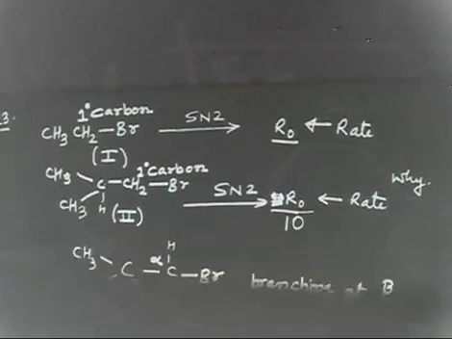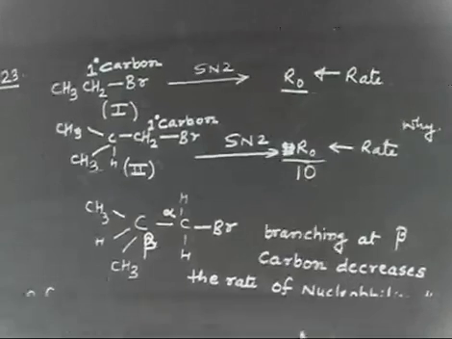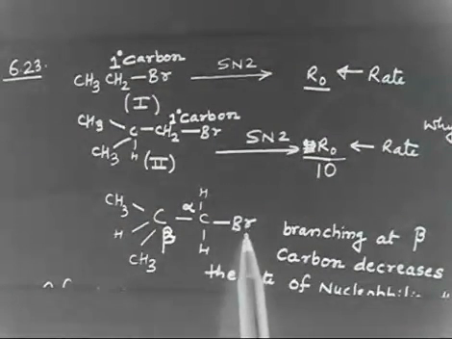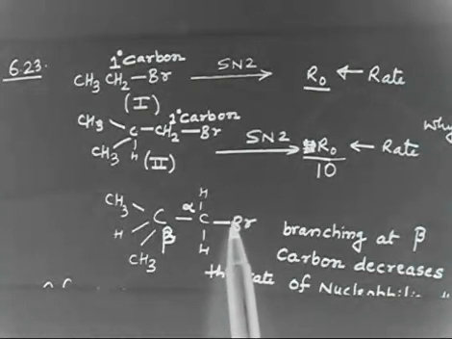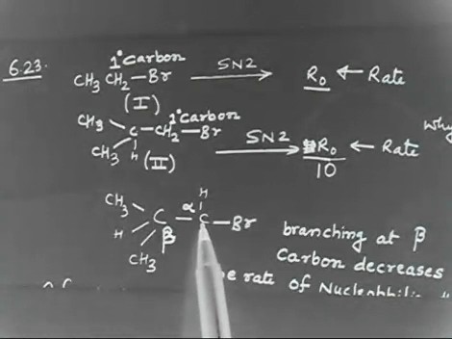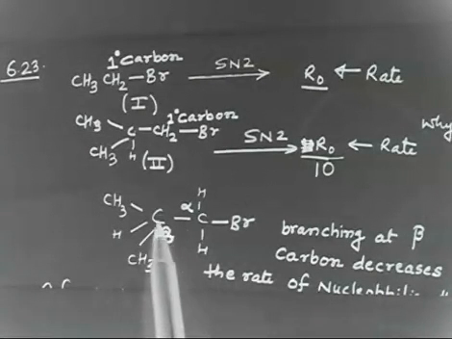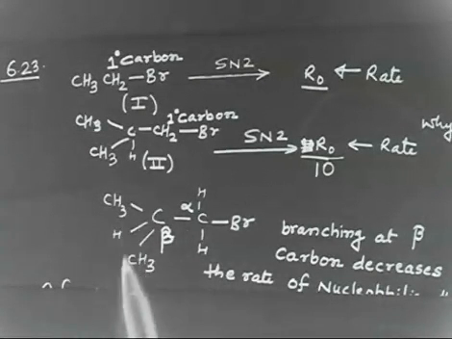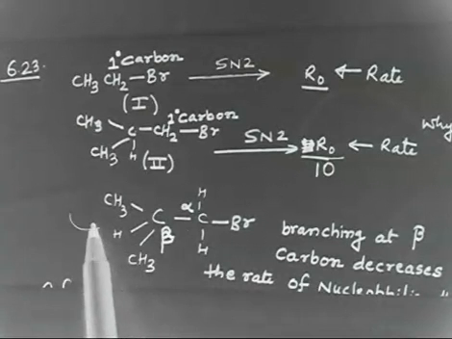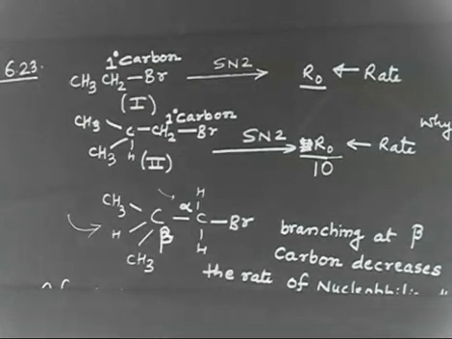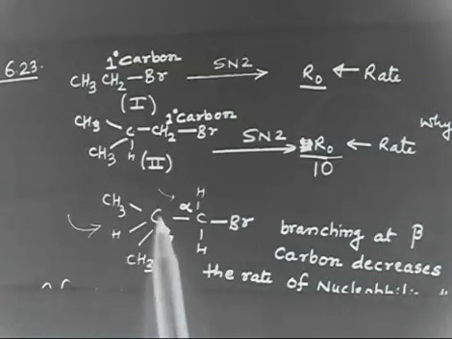Okay, let us see. If you have this compound, this carbon is the alpha carbon, the carbon to which the bromine is attached. The carbon to which the functional group or substituent is attached is called the alpha carbon. So this is the alpha carbon, this is the beta carbon. Now if you see the beta carbon, there are 2 CH3 groups attached. The nucleophile will attack this carbon, it has to come to this carbon, but this will make a crowd.